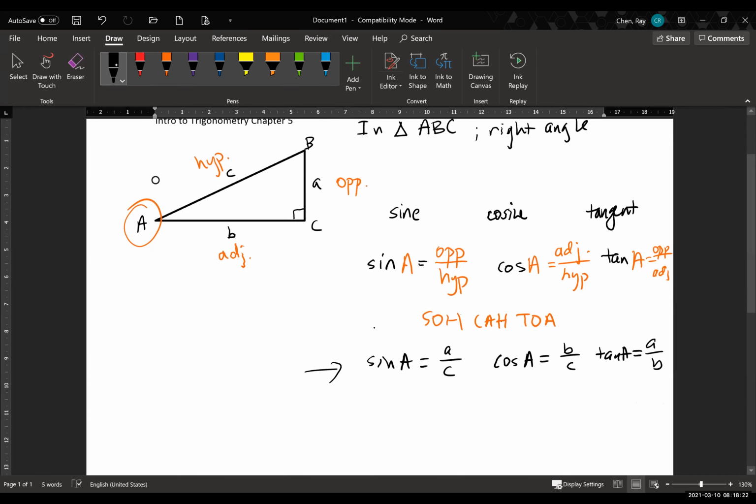If you want to pause the video, please feel free to. But let's see if someone actually can answer this question. What is the cosine of angle B? What ratio would I write? And a lot of you can actually do this. If this is angle B, notice that side B is the opposite side. This is the adjacent, and this is still the hypotenuse.